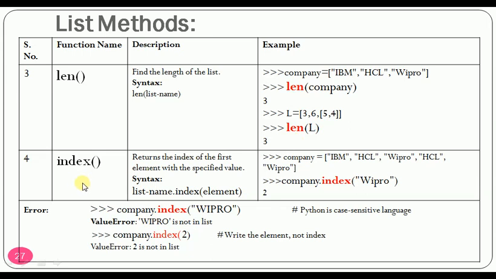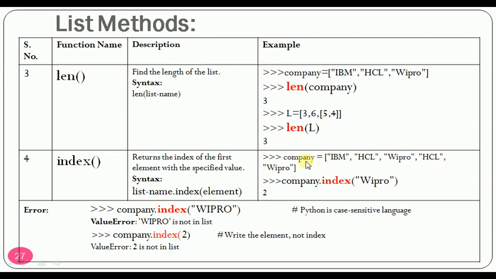Now index. This index method will return the index of the first occurrence of a specified element. You have to supply which element's index you need to display. So list name dot index, within the bracket you have to specify the element whose index needs to be displayed.